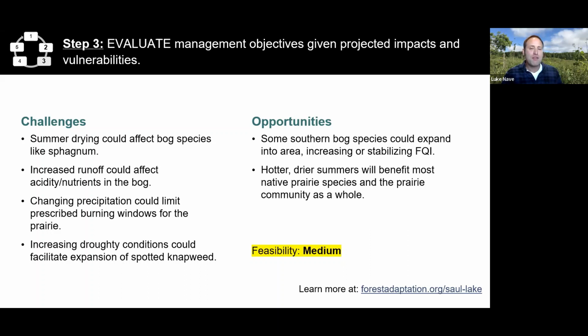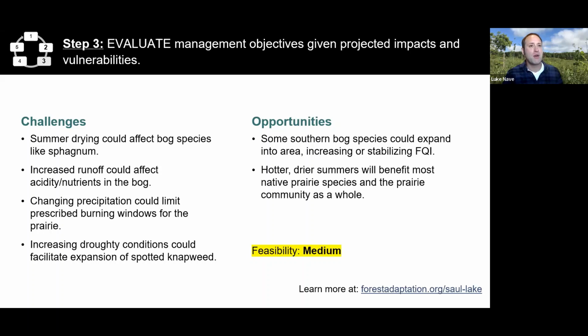Changes in runoff, with those changes to how water moves across the landscape, there's the potential that more runoff could affect acidity, which is typically high, and nutrient content, which is typically low in bog environments, bogs which tend to be hydrologically and biogeochemically isolated from their surrounding landscapes. With that climate change, with those larger storms, there could be changes to the biogeochemical characteristics of the bog that make it harder to actually keep the bog a bog.